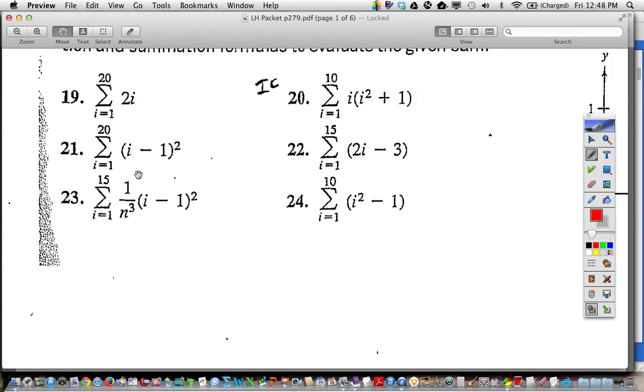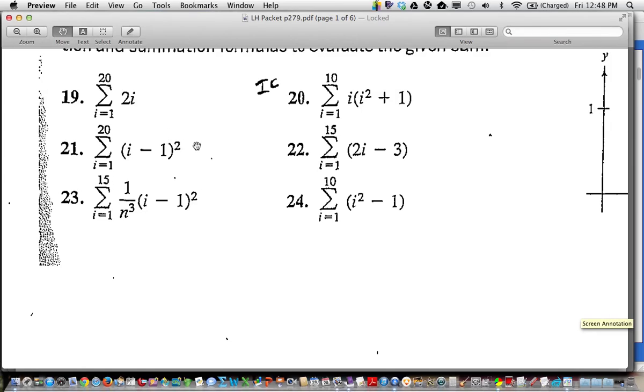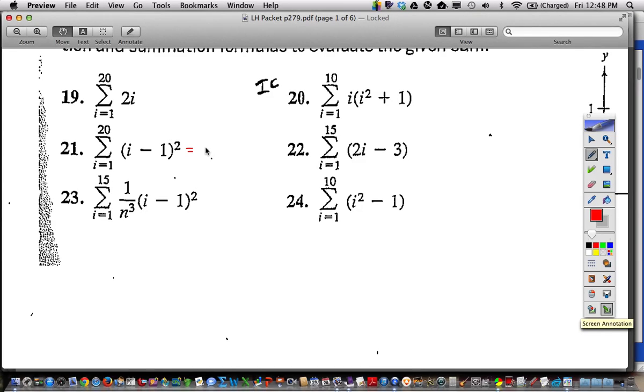Here's why it worked. The first term of this sequence, I just said it a second ago, but I didn't think about it in terms of this. Let's put a 1 in here. Let's write this out. What's the first term? What's the second term? Put a 2 in there, you get 1. Put a 3 in there, you get 4.